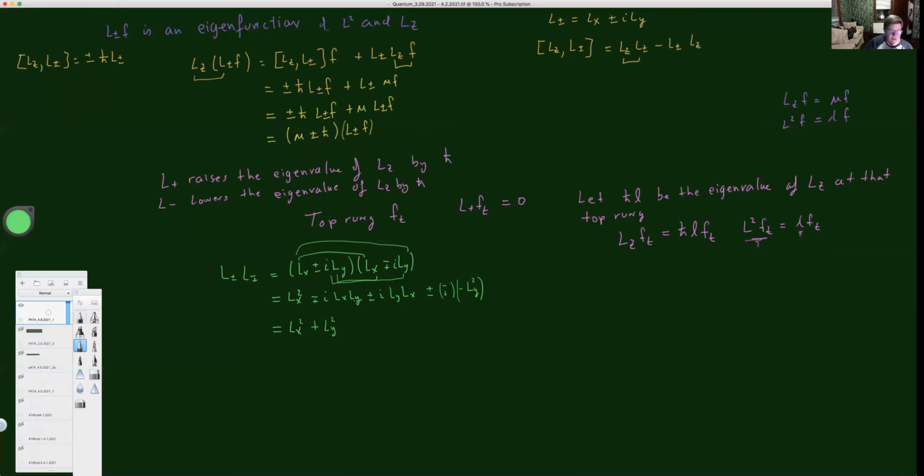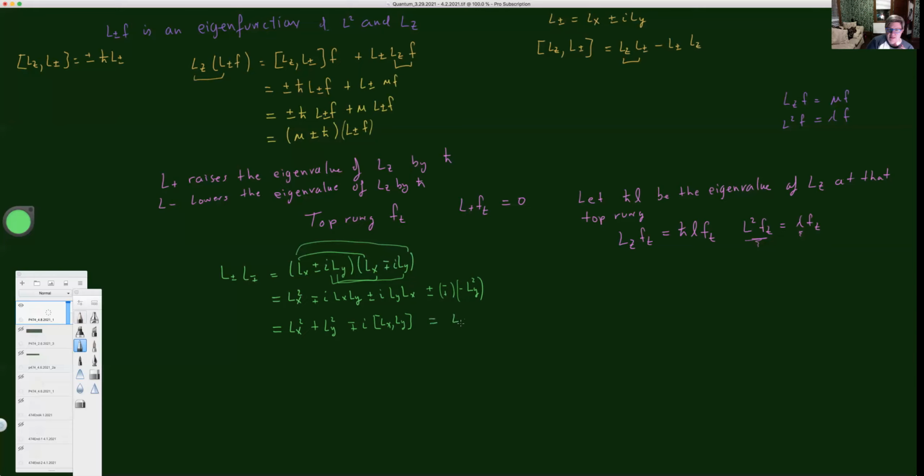So this is going to be minus plus i, Lx commutated with Ly, okay? So notice the signs here, right? It's got to change. So it's got a minus sign out front, and we took care of this inside because this is going to be Lx Ly minus Ly Lx, and so the sign should work out. Okay, so remember what this is. This is i h bar Lz. So we're going to write it all again.